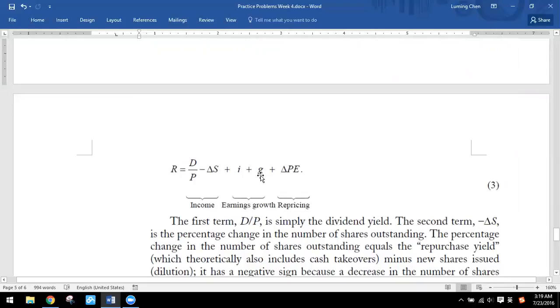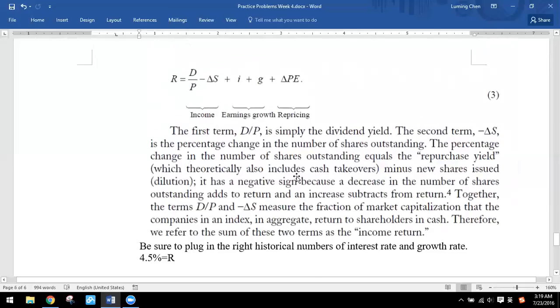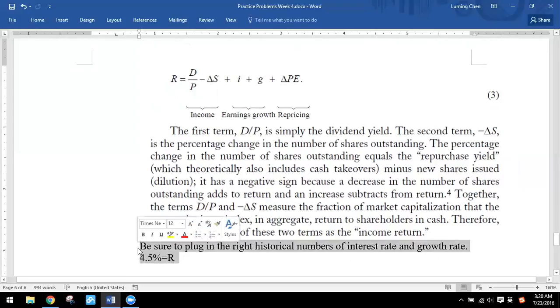This is interest rate, growth rate, and the change in P/E ratio. Just plug in the historical numbers and we will get the rate of return should roughly be around 4.5%.